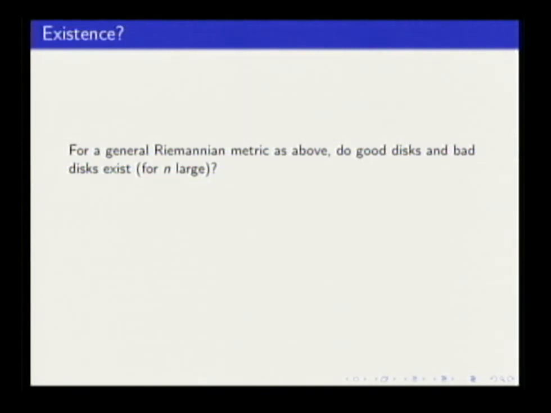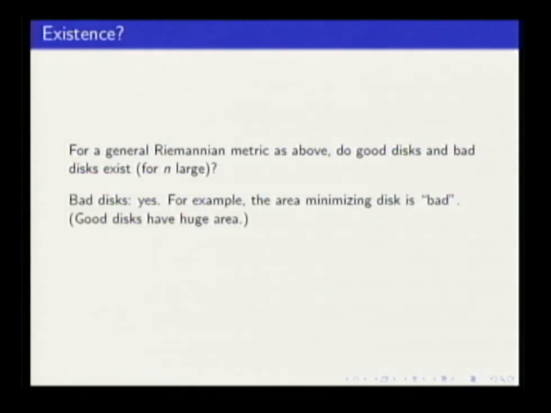But now, if you talk about a general curve or a general Riemannian metric, the dichotomy theorem is true. The minimal embedded disks divide up into these two extremely different classes, but it's not clear those classes are non-empty. So if you take a general metric, you could ask, do we know that the good disks and the bad disks both exist when n is large? For bad disks, yes, they definitely exist.